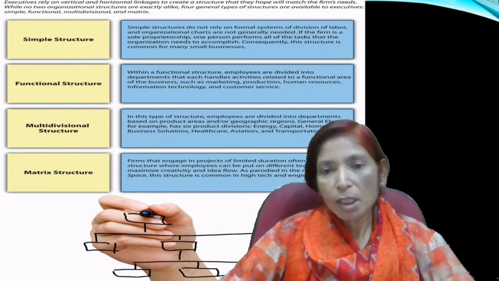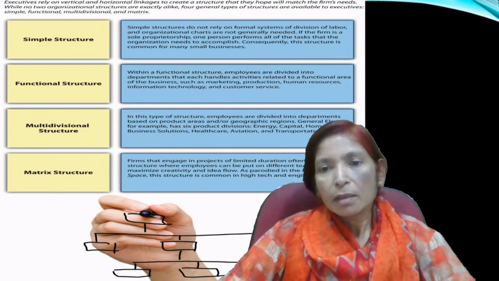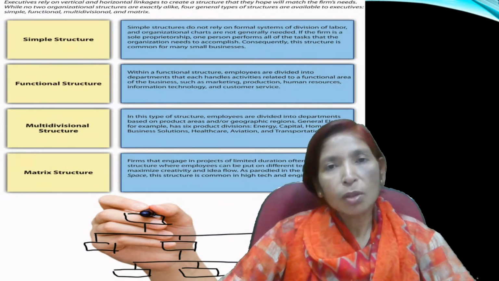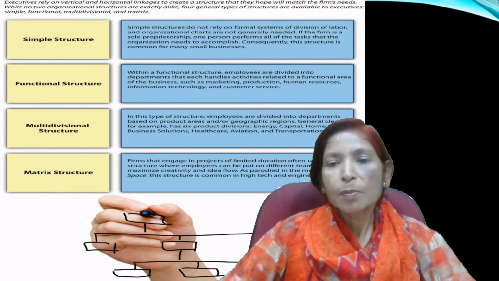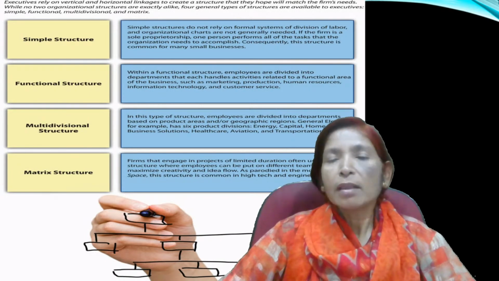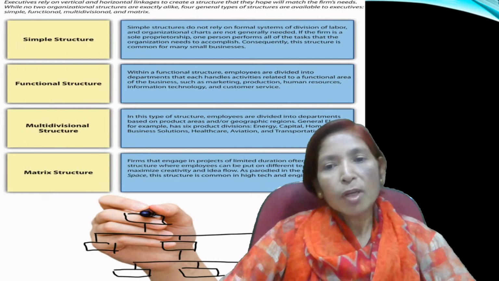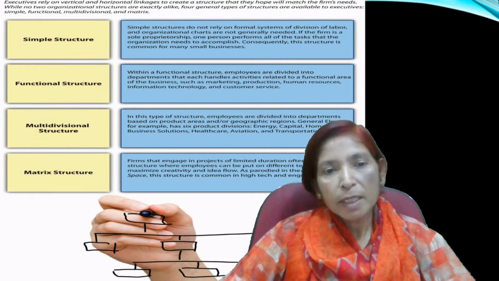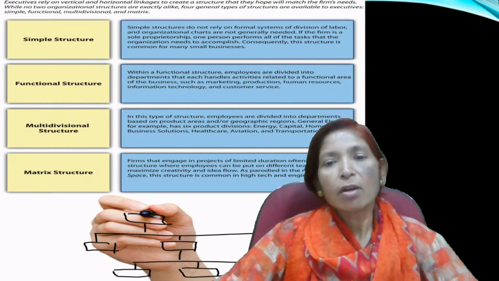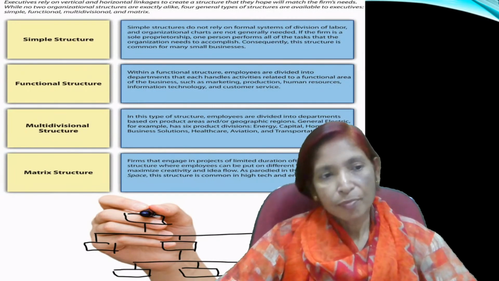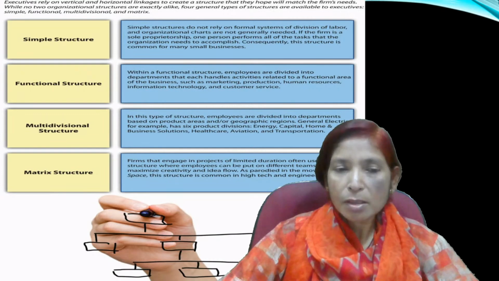One is energy, second is capital, third is home and business solution, fourth is healthcare, fifth is aviation, and sixth is transportation. So, in this type of structure, employees are divided into departments which are based on product areas and or geographic regions.